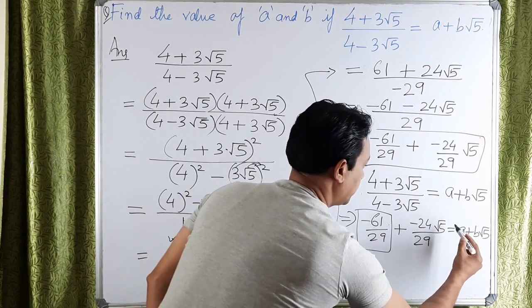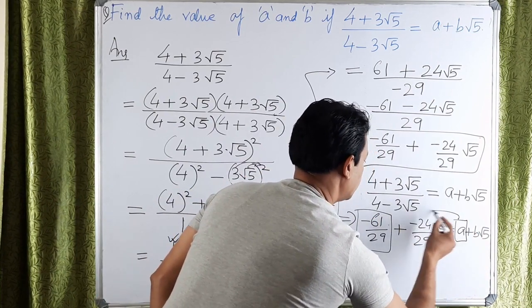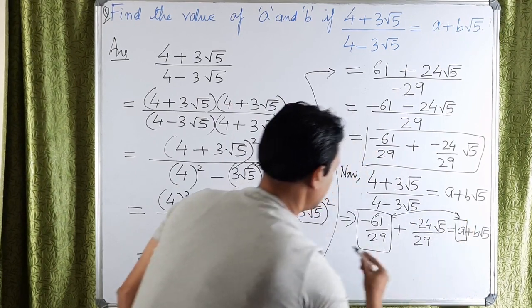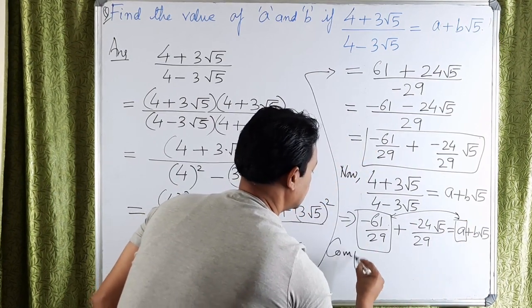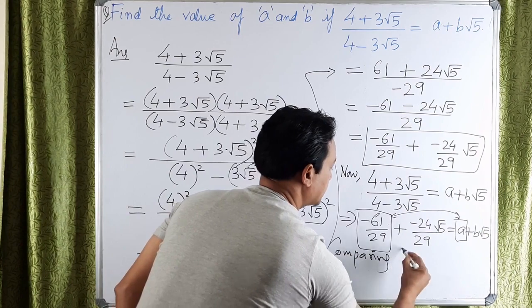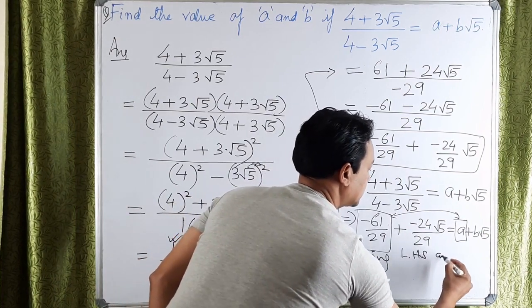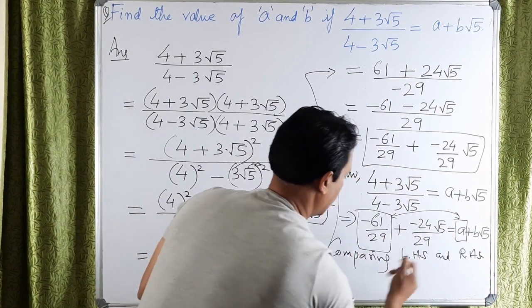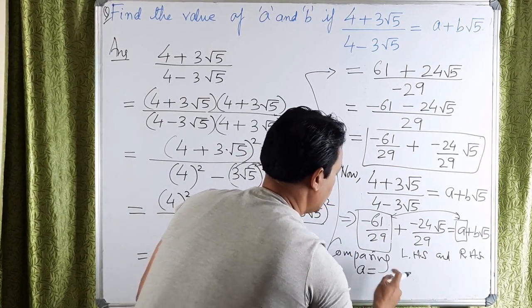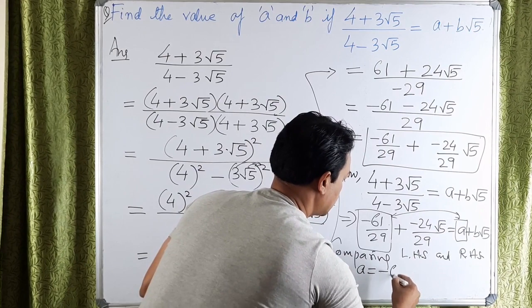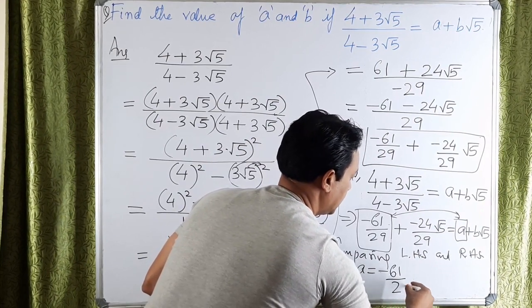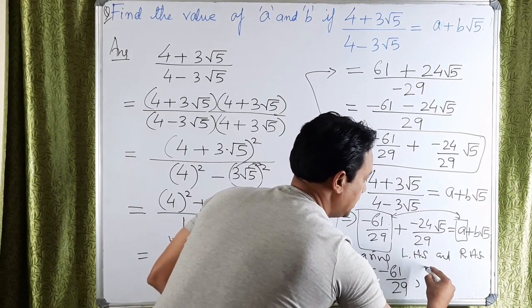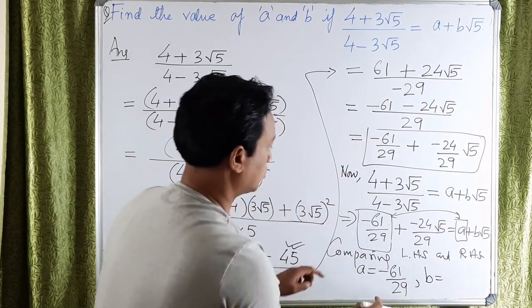It's minus 61 by 29 and here we have A. So comparing left hand side and right hand side, we can say this number should be A. So this A will be minus 61 by 29.